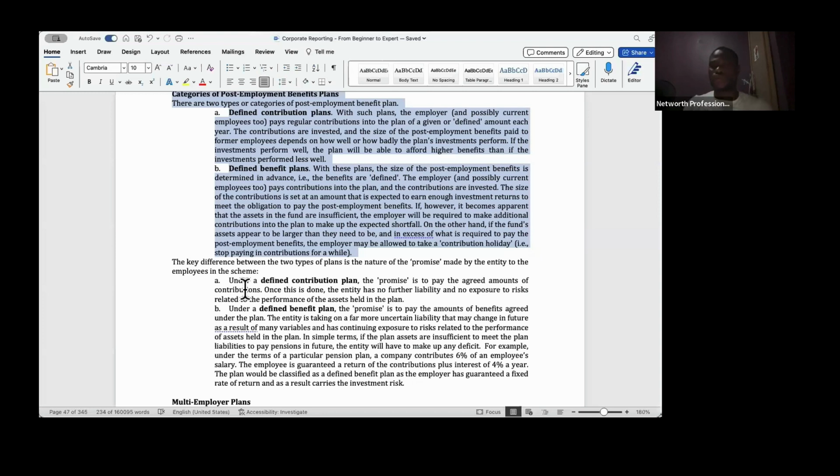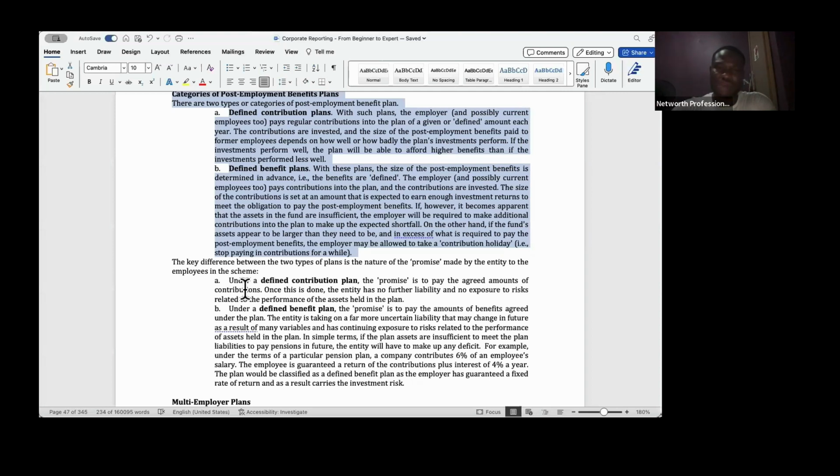So for a defined contribution plan, you should understand it as the only obligation the employer has is to make a regular contribution. And that is it. So what the employee now gets depends on the performance or non-performance of that scheme or plan. But in Nigeria, the way they have done it, there is low likelihood that you will lose your money.